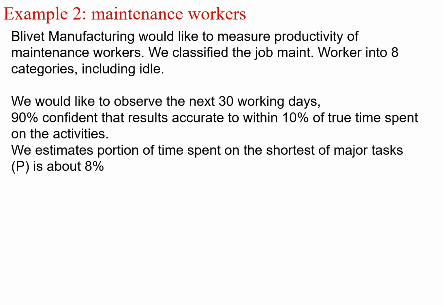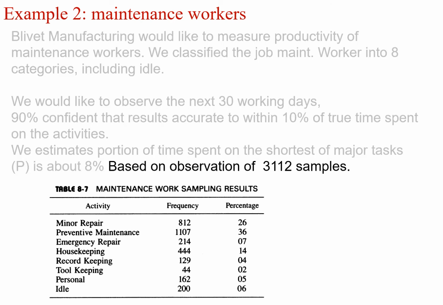We can estimate the portion of time spent on the shortest of the major tasks, P, is about 8%. This requires 3,112 samples. After we make observations, here is the finding.